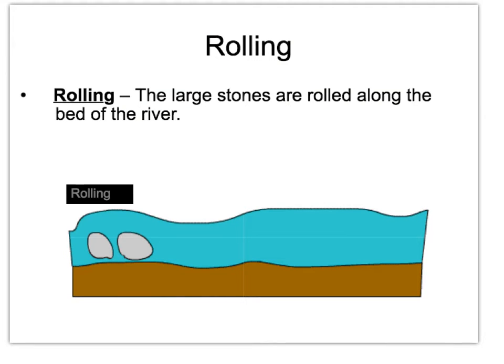So one of the ways in which transportation of its load along the river happens is by rolling. And this is when large stones are usually rolled along the bed of the river. Okay, now they're usually the bigger stones because they're heavier, and that is why they're just rolled along the course of the river.